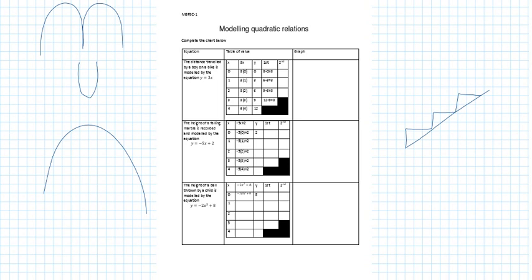That means my difference is always the same. With quadratic, we don't see that. We see an increase, then it flattens out, and then a decrease. Or we see a decrease, then it flattens out, and then an increase. So they're way different than the linear.